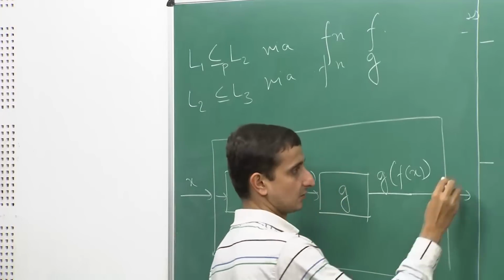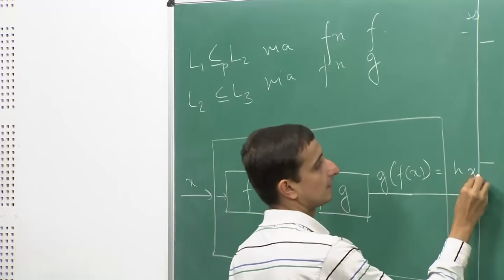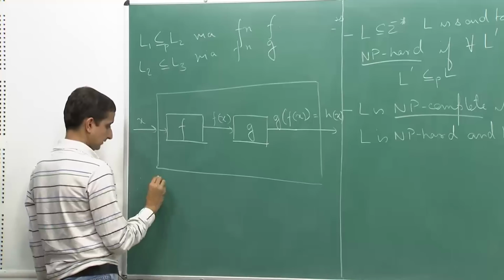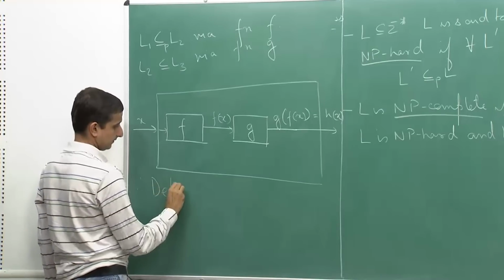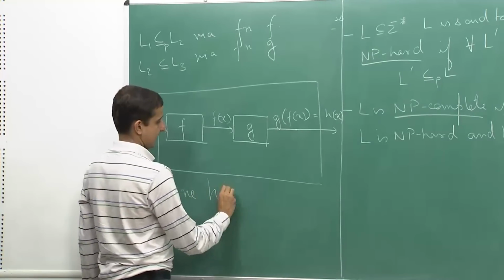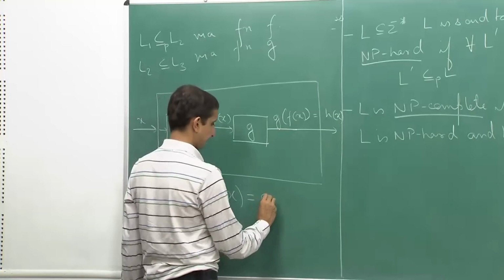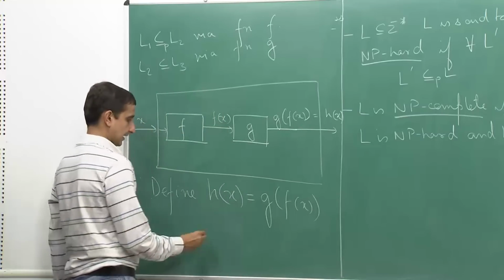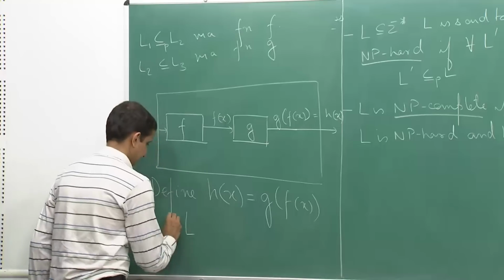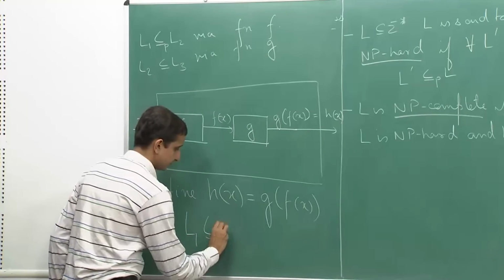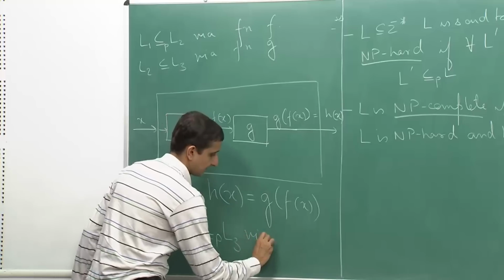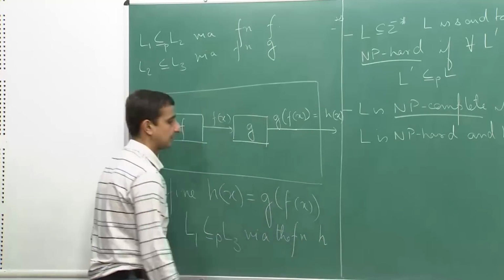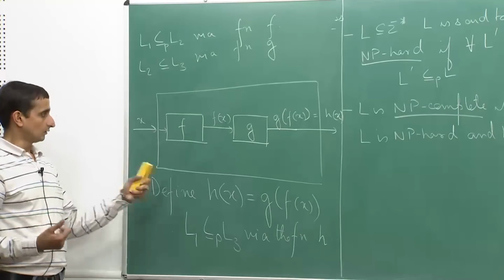Okay. So, let us call this h of x. So, define h of x to be g of f of x, and therefore, L1 reduces to L3 via the function h.